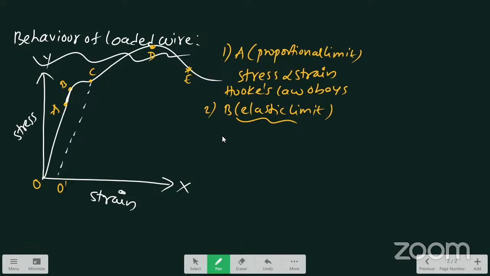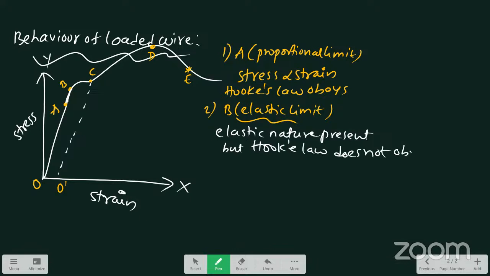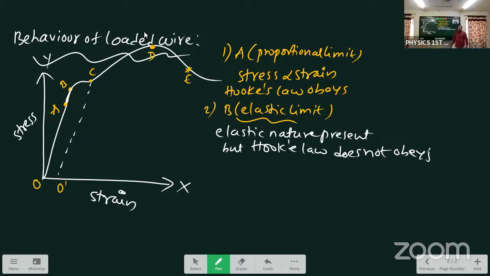That one only you are writing: elastic nature present, but Hooke's law does not obey. Strictly Hooke's law does not obey. What is the first point? Proportional limit: stress proportional to strain. That's why we are calling it proportional. Elastic nature present, that word only is enough.